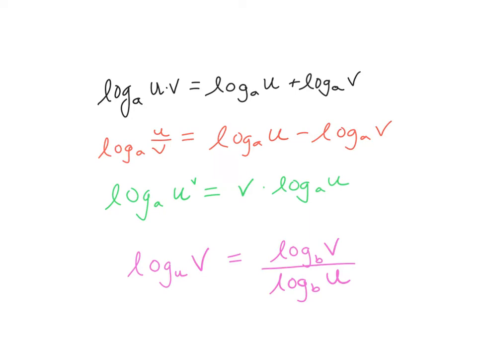If you notice, the argument of this log becomes the argument of the log in the numerator, and the base of this log becomes the argument of the log in the denominator. And we get to choose a new base, and it can be anything as long as we choose the same base for them both.